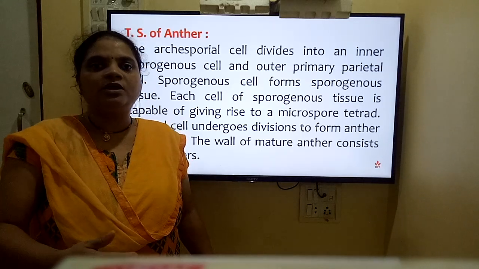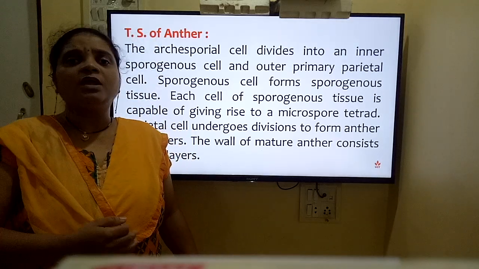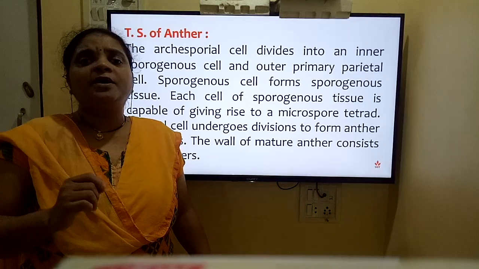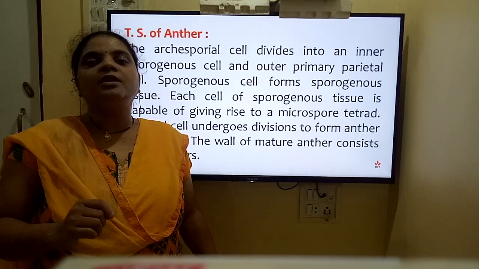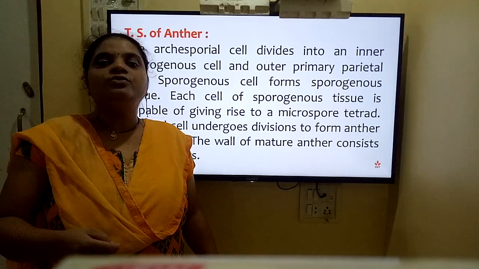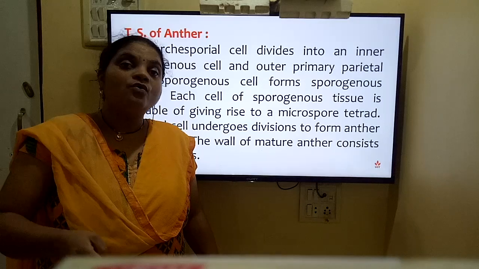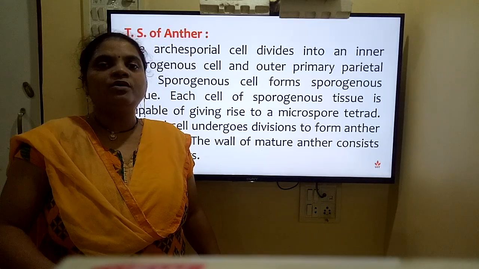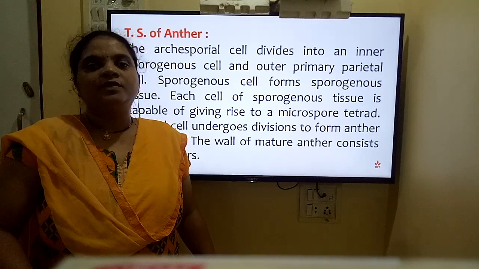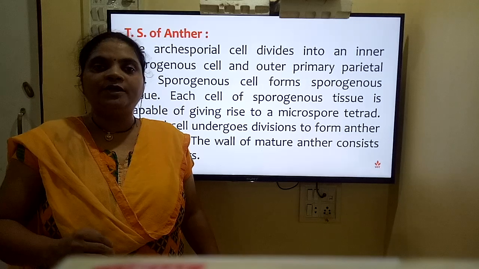We will see how it forms a tetrad. Now there is the presence of the parietal cell, which is outermost. That parietal cell divides into 4 layers. The outer one is the epidermis, below it the endothecium, then the middle layer, and the 4th one is the tapetum.